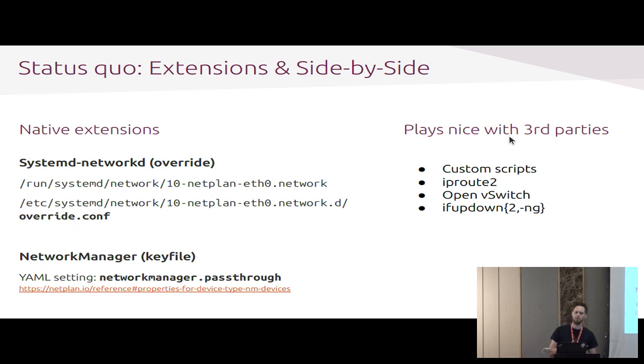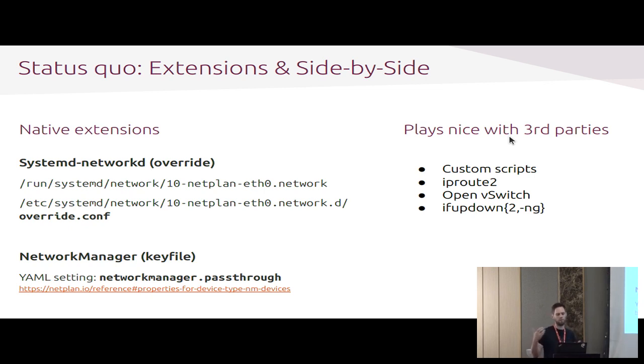Netplan also plays nice with other third-party applications or networking tools. It never will take control of the whole system. It only functions on the interfaces that it is explicitly configured to own. If you do not define an interface in the YAML configuration, then Netplan will not touch it.